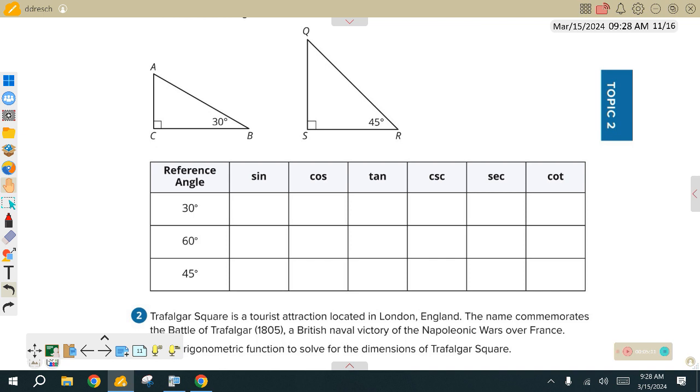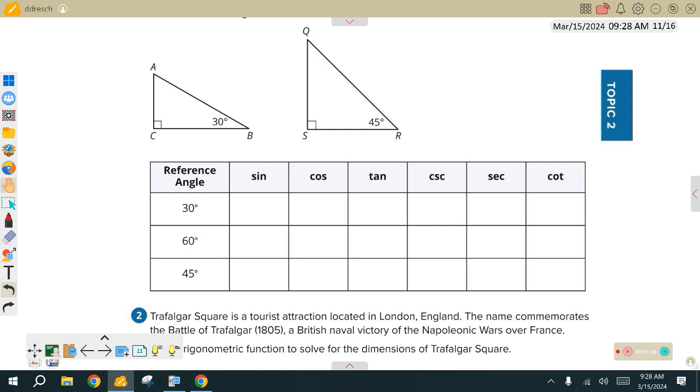I'm going to put a couple minutes on my timer here. I want you to go through and set those ratios. Standing at the 30, write the sine, cosine, tangent. I would do those first, and then all we know after that is what? Cosecant, secant, and cotangent, those specific ones, right? I'm going to give you maybe a minute. Go do the 30.